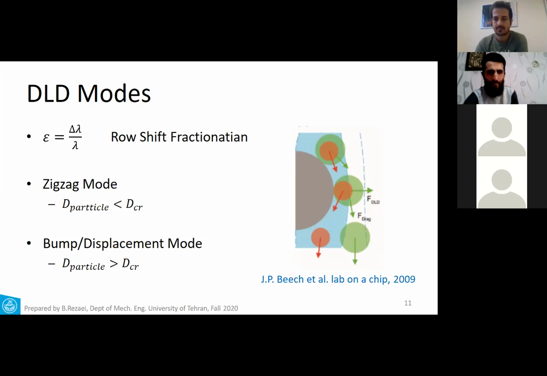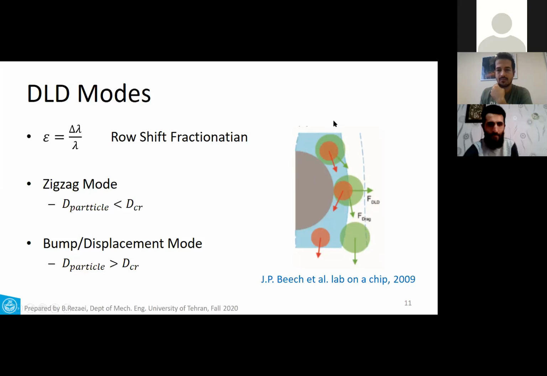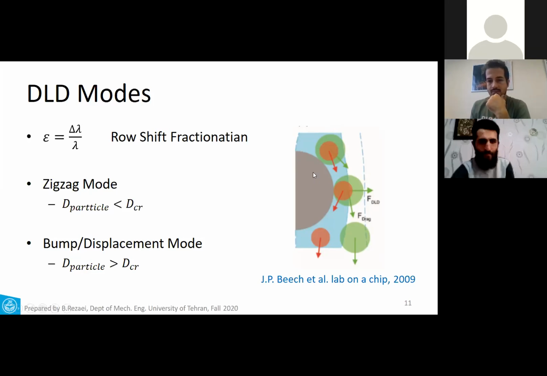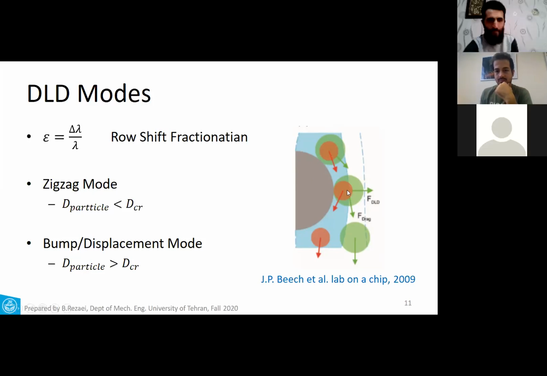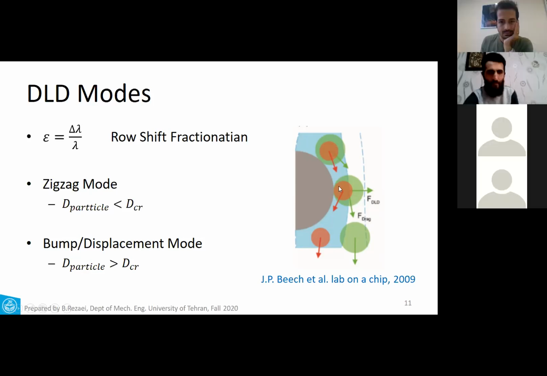If the particles are small enough, like the red ones, when they pass through this post, this obstacle, because they're small, the contact force cannot overcome the drag force, so they continue along the flow lane path.